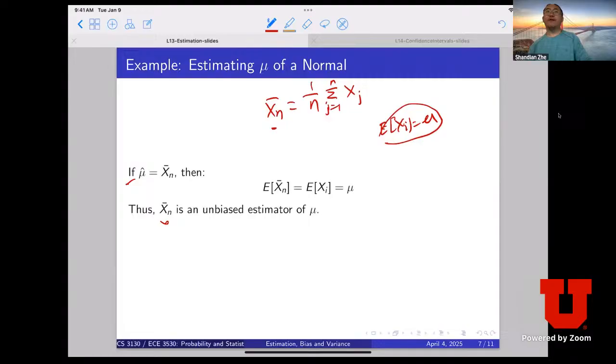That just fits the definition. The sample mean, as we mentioned, is a random variable. If you take the expectation of the sample mean, it will give you exactly the true mean. So the sample mean is unbiased because its expectation is exactly the true mean.